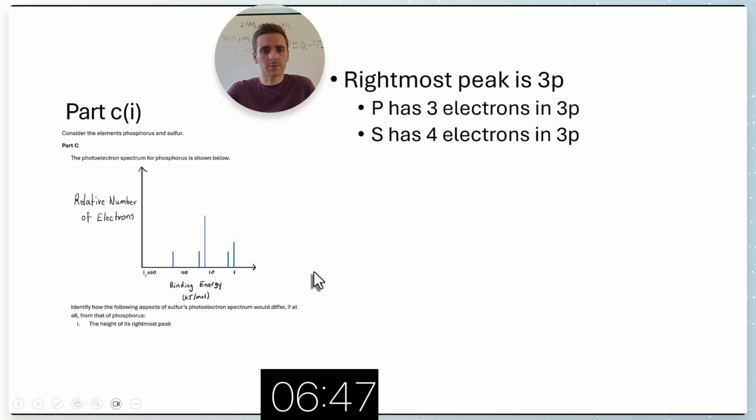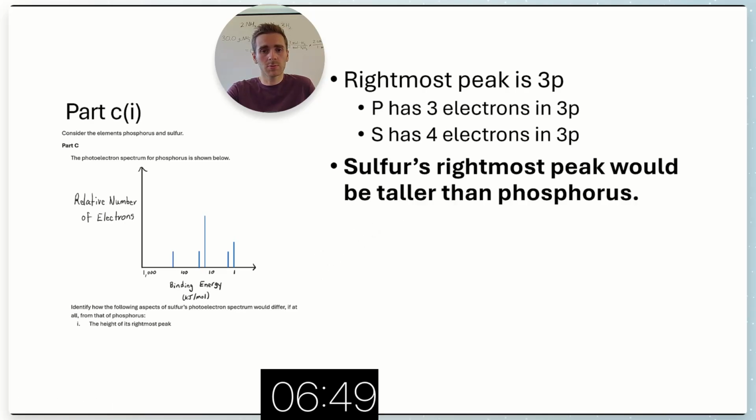So sulfur's rightmost peak would be taller than phosphorus's. Okay, and notice in this question, it doesn't ask you to explain or justify your answer. It just says identify how it would differ, if at all. So it's a perfectly fine answer to just say it would be taller, and you don't need to explain that for this part.